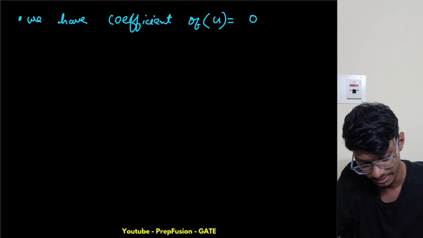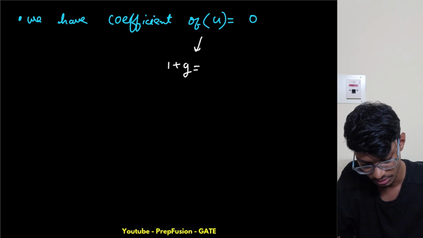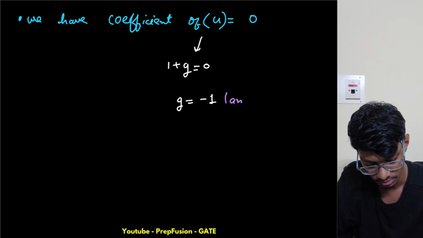So that means 1 plus g should be equals to 0, that means g should be equals to minus 1, and this is simply my answer, right? I don't have to do anything else.